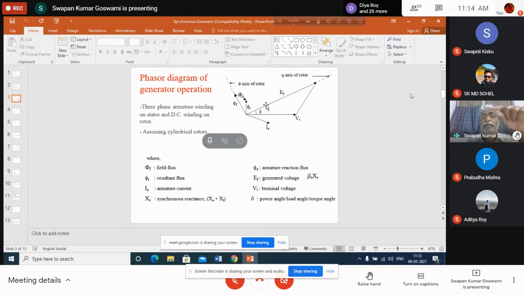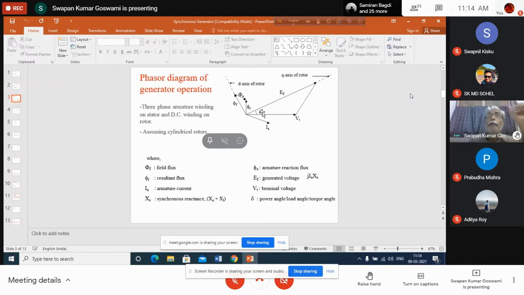If on the other hand you reduce the input to the generator through the prime mover, then what will happen? The generator rotor will rotate at a lower speed with respect to the synchronous speed. Vt is rotating at synchronous speed, and EF is now rotating at a speed less than synchronous. As a result, these two phasors will come closer, so delta will decrease.